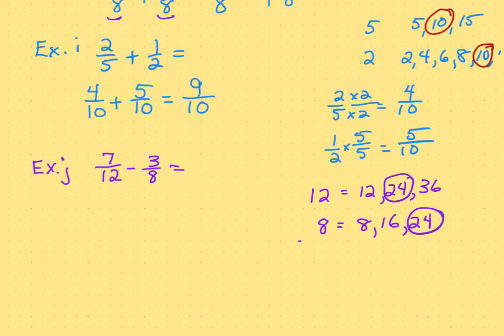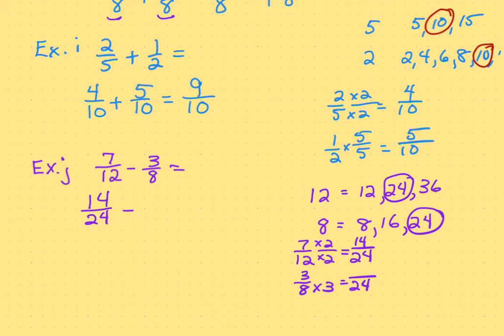So we're going to take 7/12 and figure out what we need to do to get a 24 in the denominator. That is multiply by 2. So we will do that in the numerator as well. So 7/12 becomes 14 over 24, 14/24. And 3/8. What do we have to do to 8 to make it come out as 24?